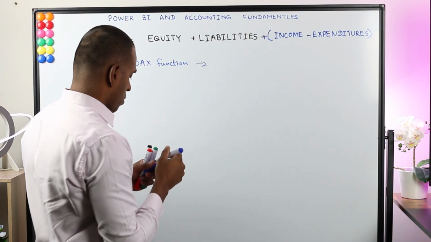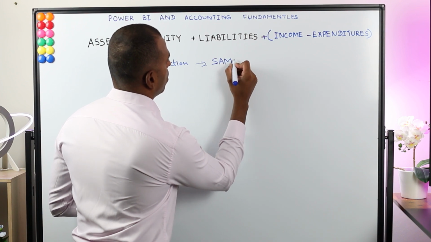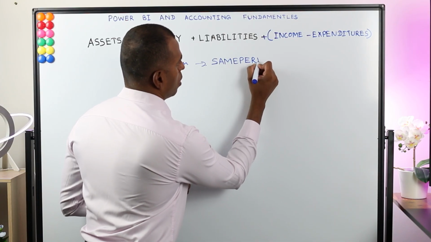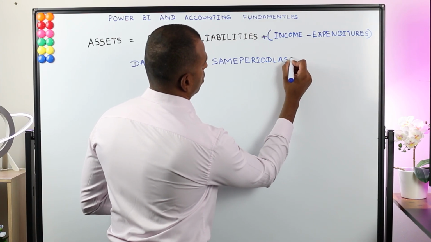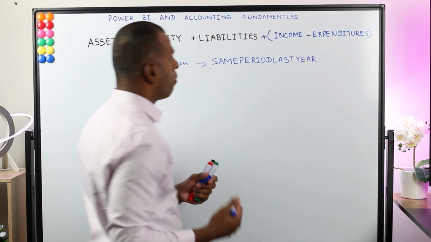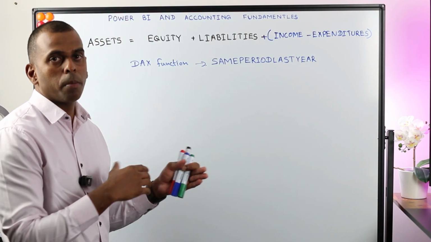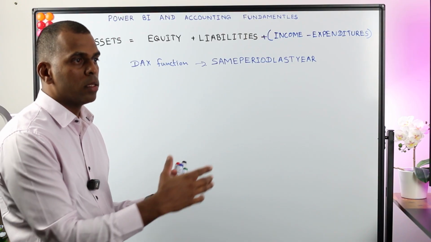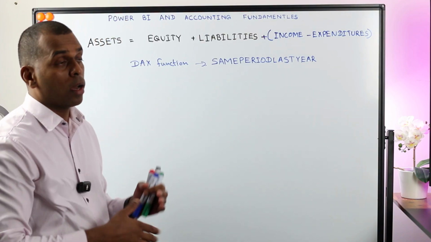Same period last year. I found this is a very powerful DAX function to find out the errors and to compare the fluctuations and changes with the previous month, the same month last year, or the same day last year, or like that.